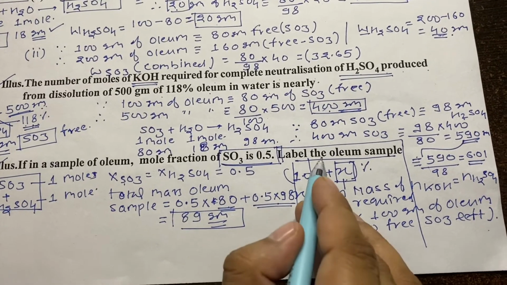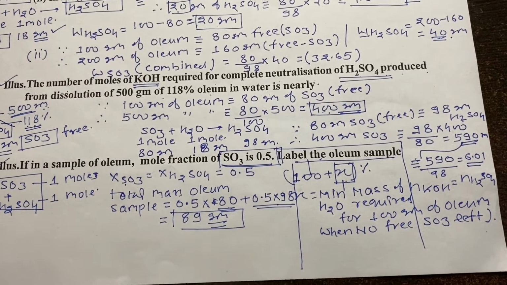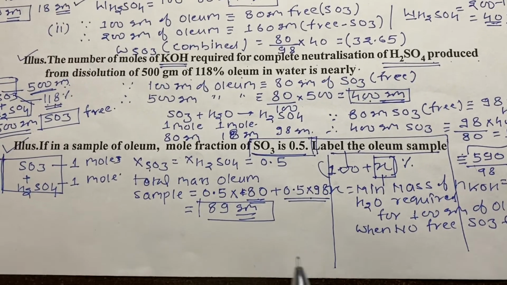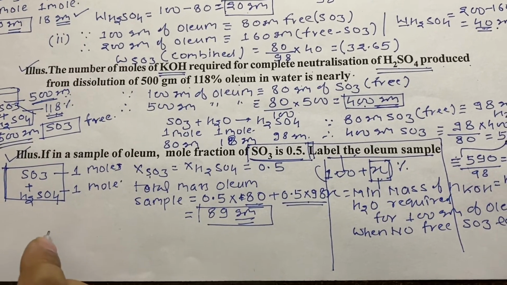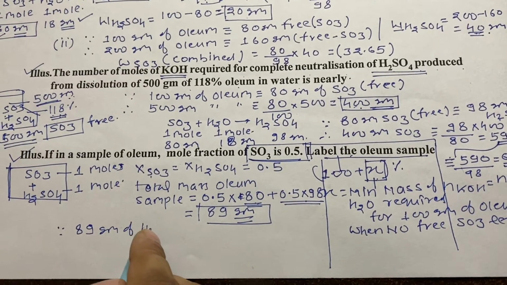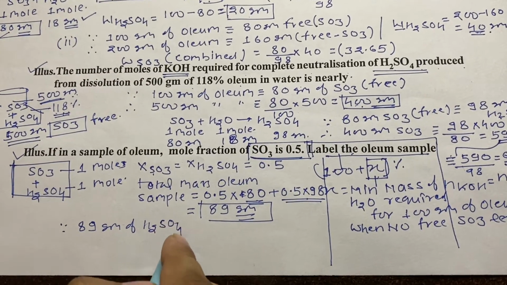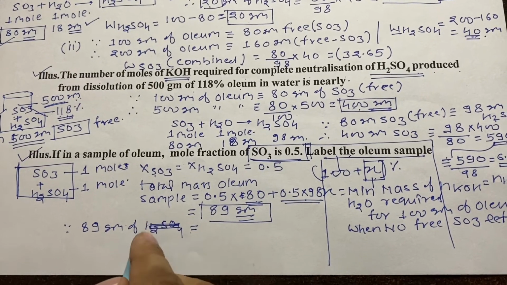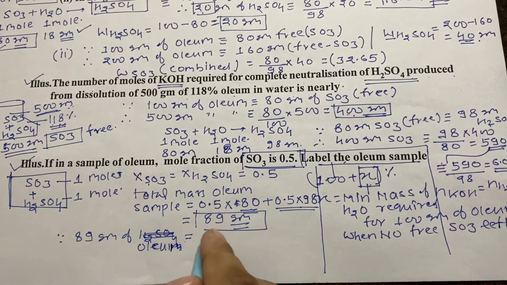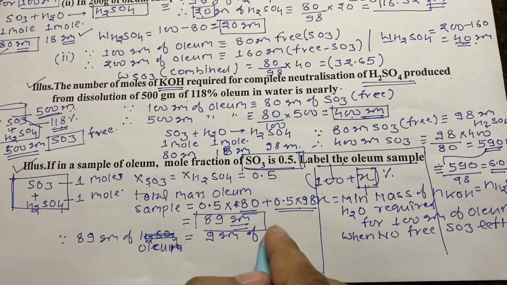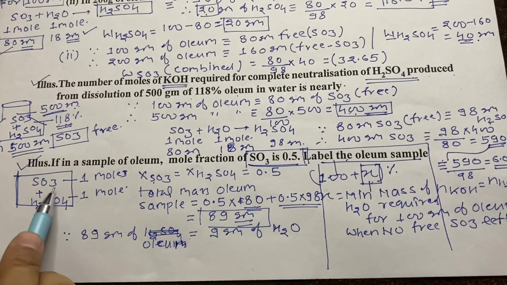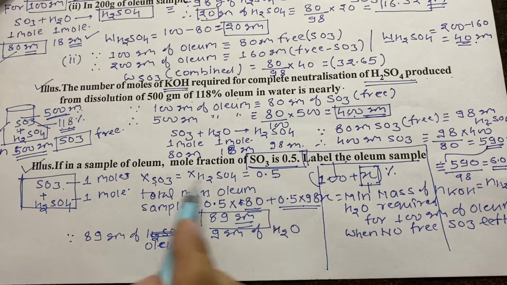So to label the oleum sample, we want to calculate the mass of water which is required for 100 gram of oleum sample. So obviously for 89 gram of oleum, 9 gram of water is required, because 40 gram of SO3 is present, because 0.5 moles of SO3 is considered.